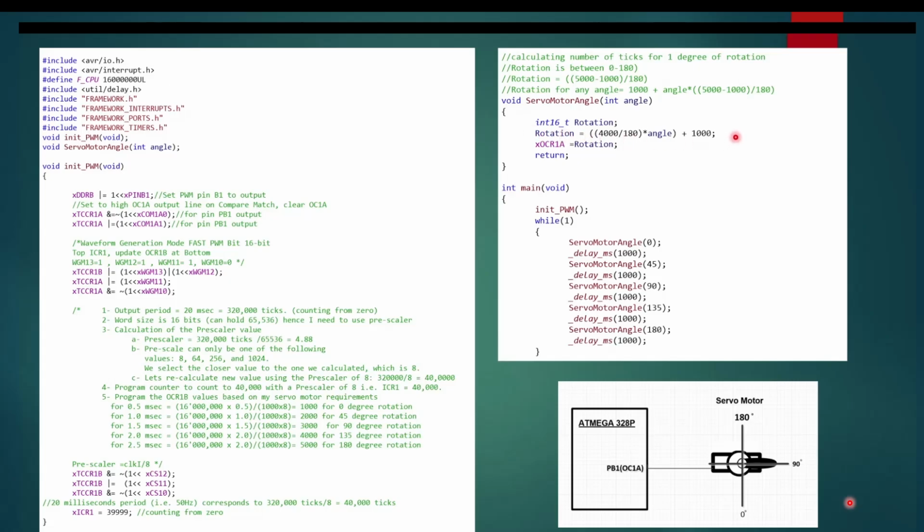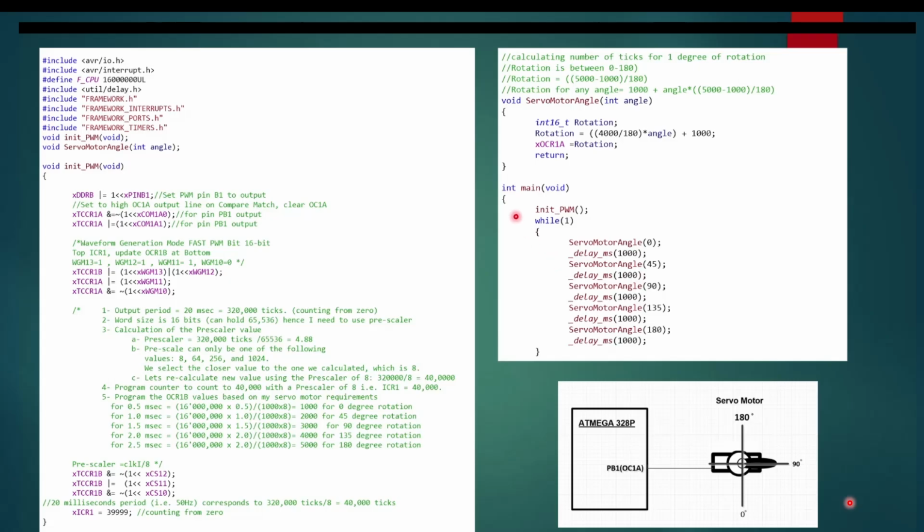So that's what this calculation does, which I already explained. And then the final line of code is going to take the OCR1A register, and it's going to load the value which I call rotation, which is the number of ticks to place the servo motor arm at the desired angle.